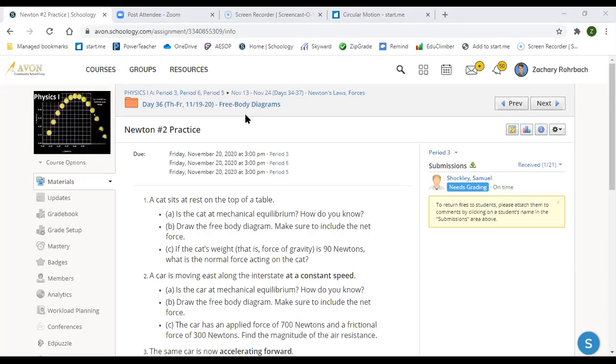Ivana? Rowan, I saw you came. Sam? Sam Shockley, are you in here? All right, so currently I have absences as Shelby, Aiden, Grant, Ivana, Sam. If any of you are here, make sure you tell me.